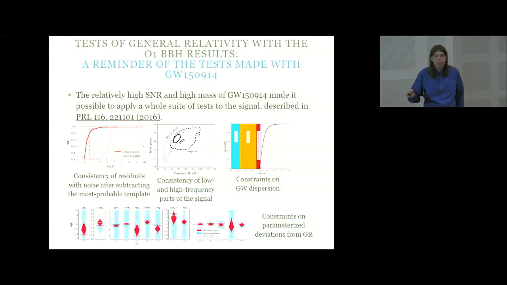You also test the low and high frequency parts of the signal. You see this is the final spin. You just look at the low frequency part of the signal. The final spin, you just look at the high frequency part of the signal. And then, of course, the smallest one is if you look at the entire signal, they all agree with each other. So this is a test that indeed is matching well with the waveforms.